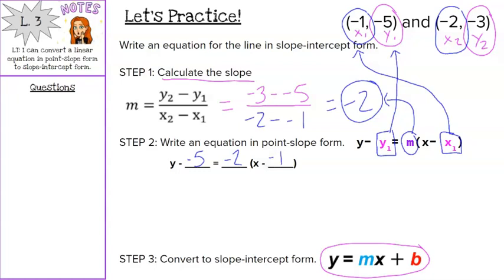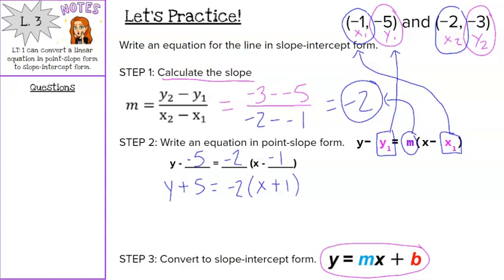Now that we have written our equation in point-slope form, we can convert it into slope-intercept form. Before I do the distribute step, I am going to rewrite this equation undoing those double negatives. So y minus negative 5 would be y plus 5 equals negative 2 times x minus negative 1 would be plus 1.